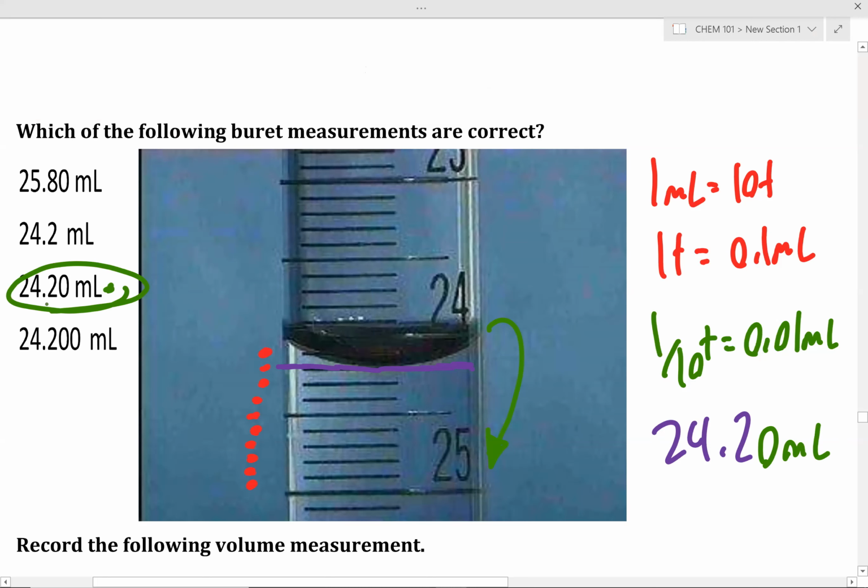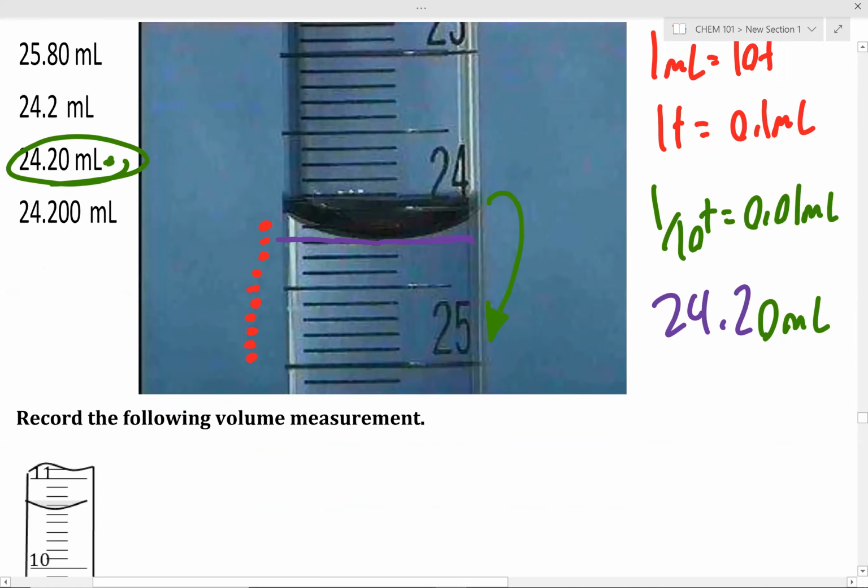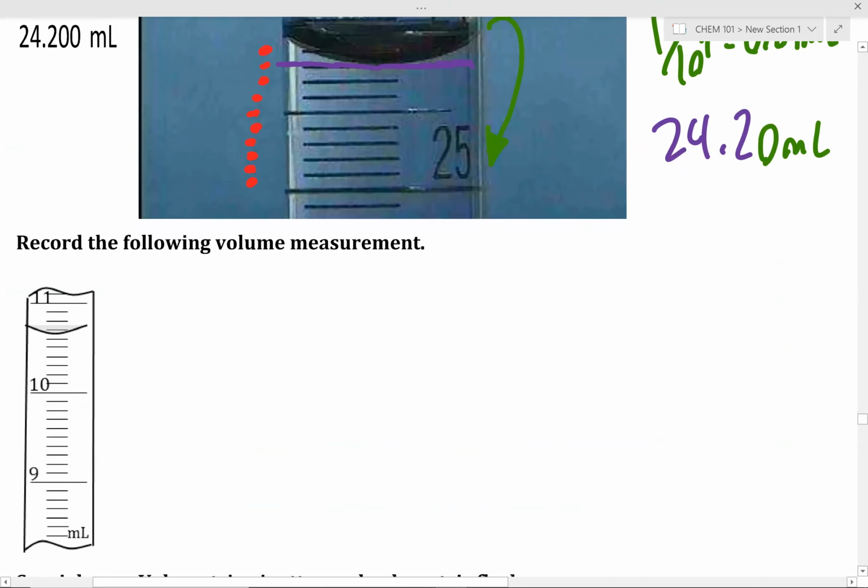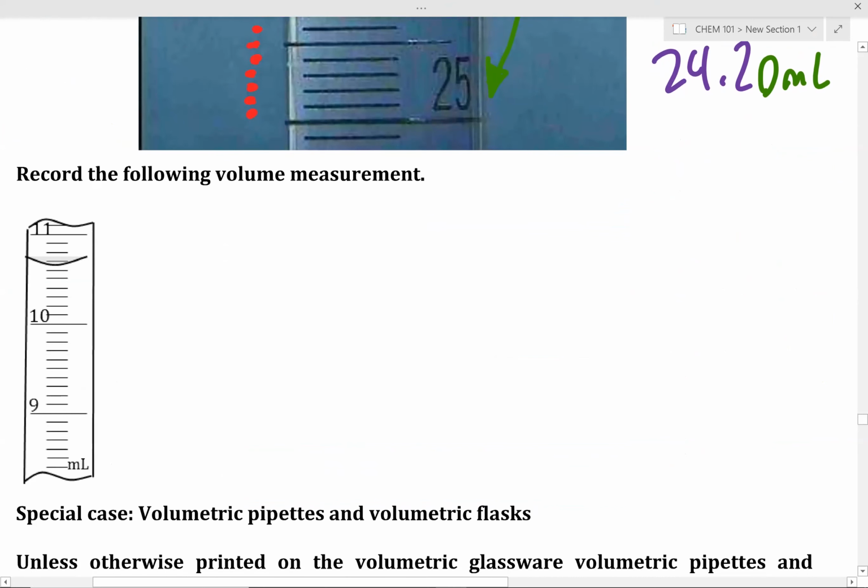I would be careful about waiting for other classmates to raise their hand because the consensus is not always the correct answer. Okay, so I'd like you to record the following volume measurement.